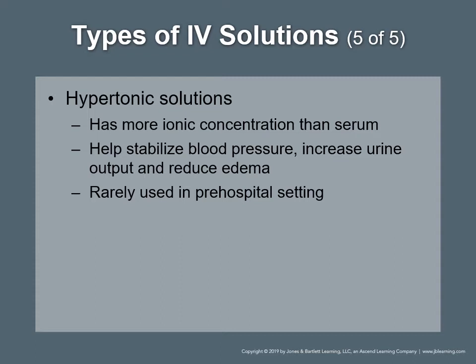They help stabilize blood pressure, increase urine output, and reduce edema. They are rarely used in the pre-hospital setting. It often refers to solutions that contain high concentrations of proteins. Careful monitoring is needed to guard against fluid overloading, and it should not be given to patients with diabetic ketoacidosis or others at risk of cellular dehydration.